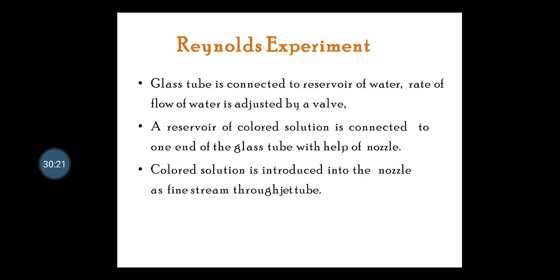In the Reynolds experiment, when the velocity of water is low, the thread of colored water maintains its identity throughout the tube. We're going to see the diagram in the next slide, where you will be able to see the flow of fluid through a closed channel, either viscous or turbulent.